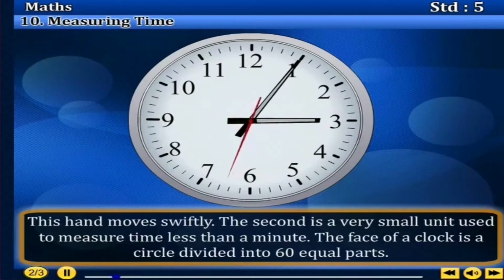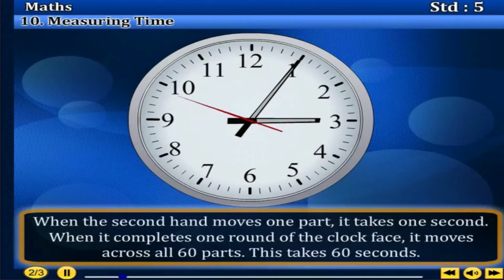The face of a clock is a circle divided into 60 equal parts. When the second hand moves one part, it takes 1 second. When it completes one round of the clock face, it moves across all 60 parts. This takes 60 seconds.